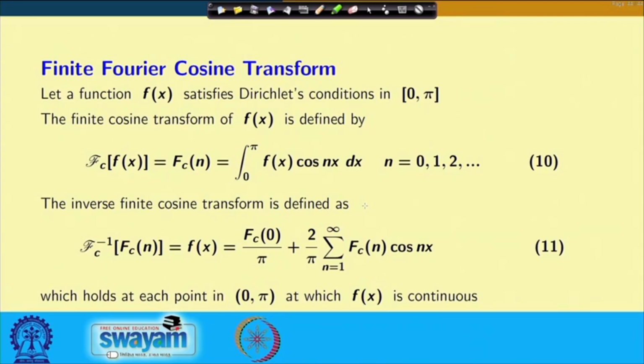So, f_c(0) and f_c(n) came in the same way as we have discussed for the case of the Fourier sine transform.